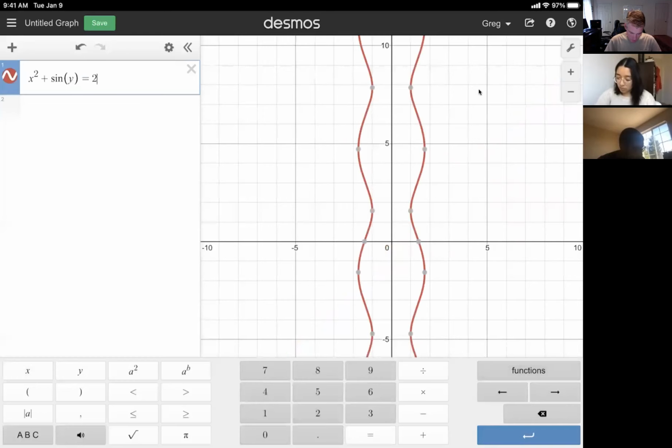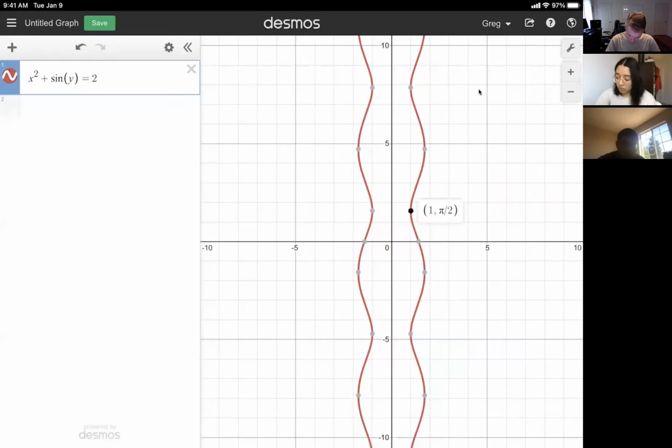Okay, then, I think I said x equals 1. I guess that's that point right there. And then looking at that, if you make it the tangent line, that's actually going to be vertical.